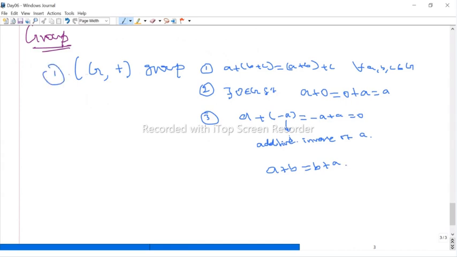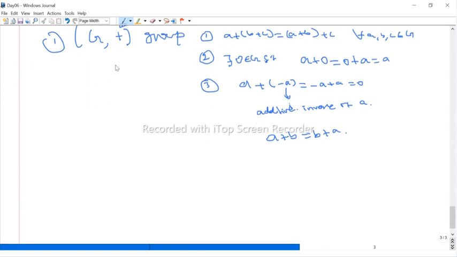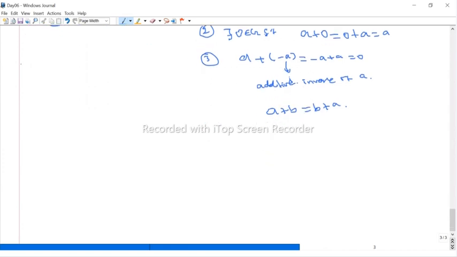Here we have only one algebraic structure, only one operation, plus, on a set G, and we get a group structure. Suppose we include two binary operations on a set, we get a new algebraic structure that we call a ring. A ring is a non-empty set R together with two binary operations, the usual addition and multiplication.